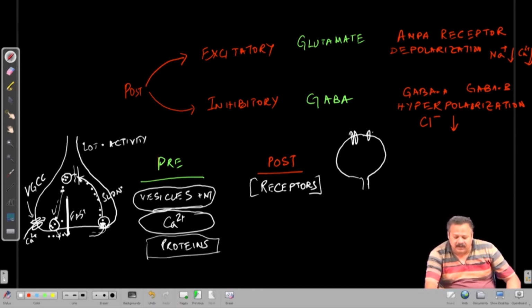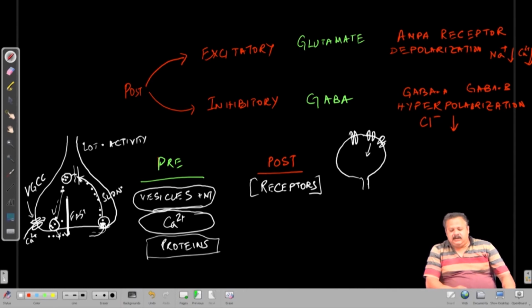So, if there are fewer receptors available, like receptors being internalized with certain mechanisms, which we will discuss later, then the synaptic strength will change, because obviously the amount of current due to the receptors is going to reduce.